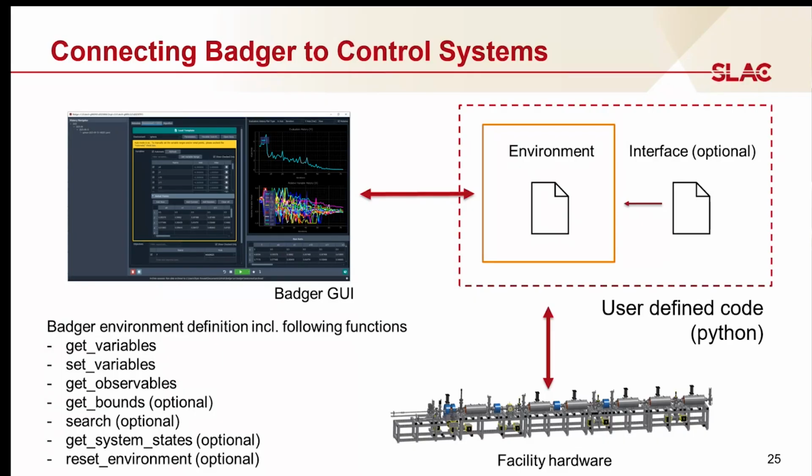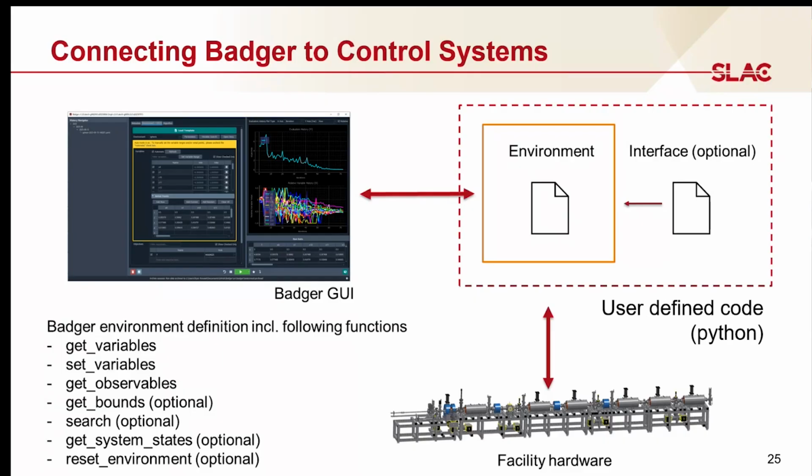And so this is a Python class that requires the users to implement a number of required functions: getting the current status of certain variables, setting those variables, and then getting observables, which can be used as objectives or constraints in our optimization.